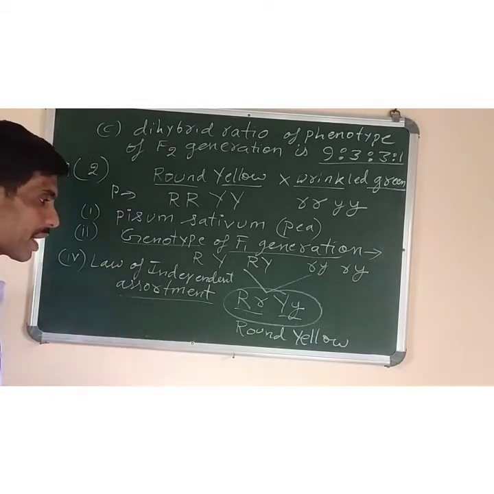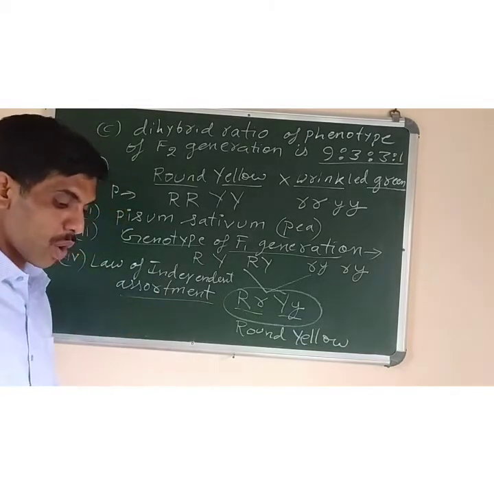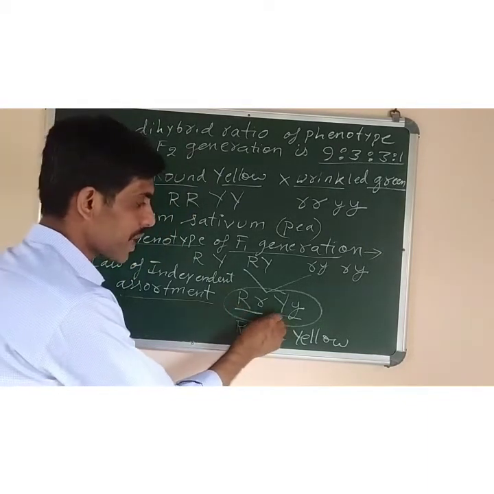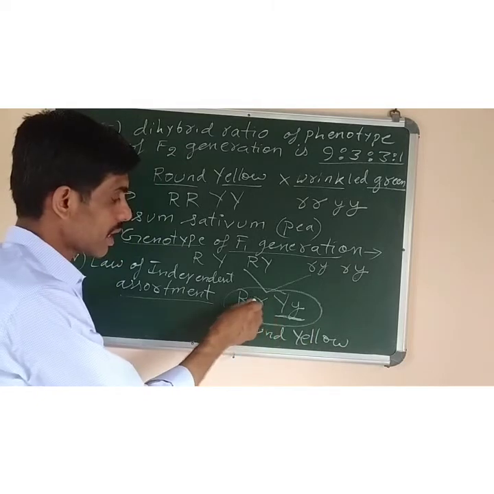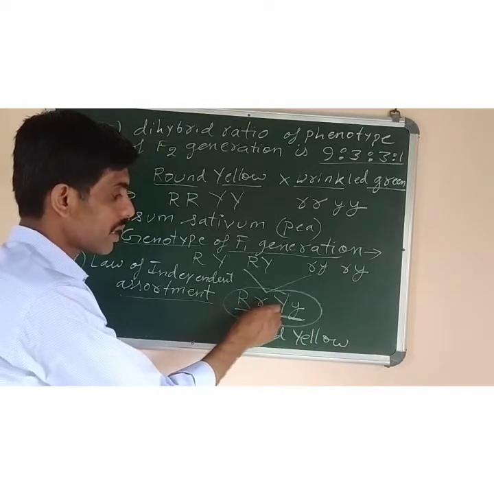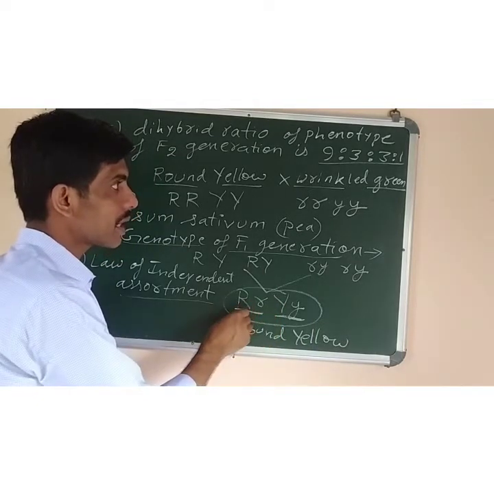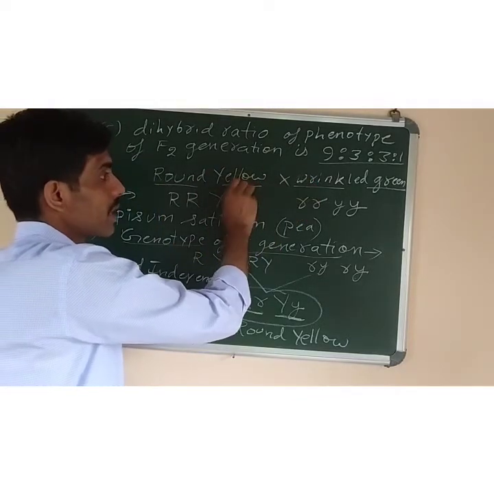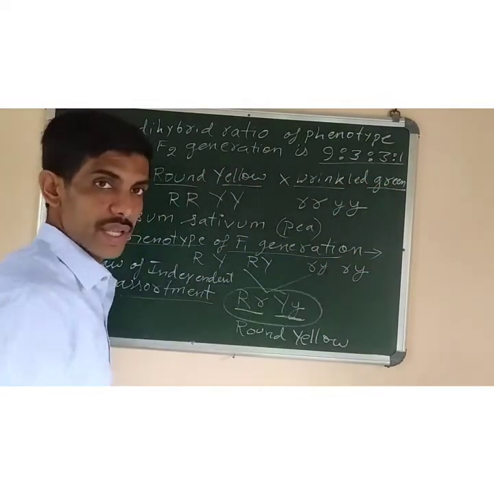So the law of independent assortment states that when two pairs of traits are combined, here two pairs of traits are combined. What are they? Round and yellow seeds, wrinkled and green. So round, wrinkled is one character or trait, yellow and green is the second trait.